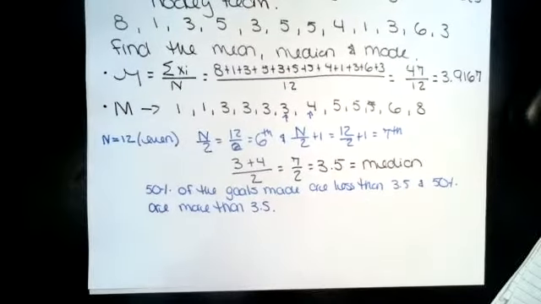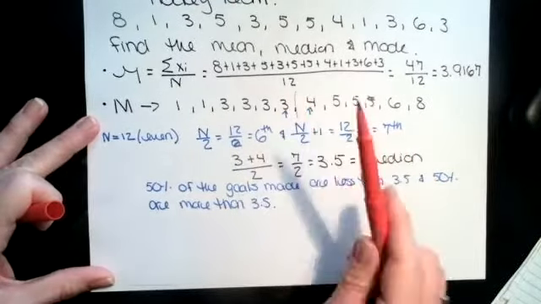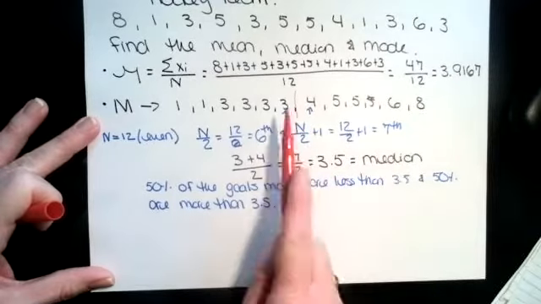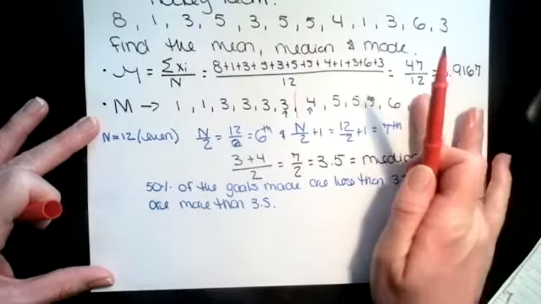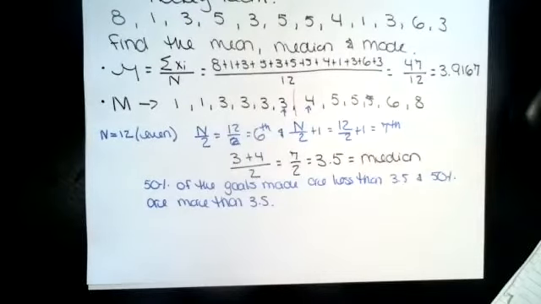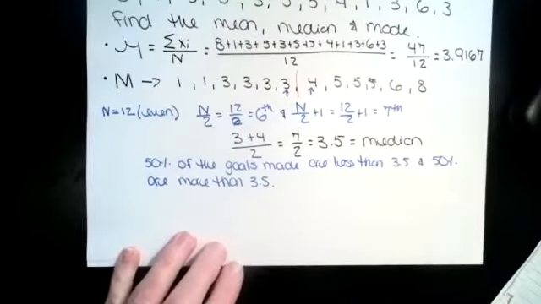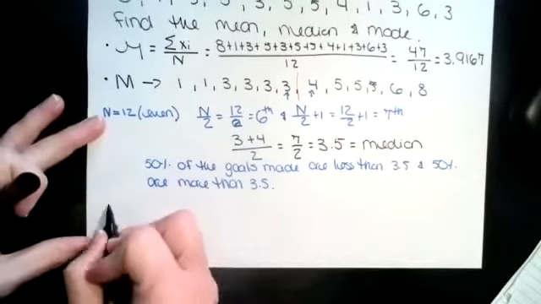Okay, does that make sense? It's the number right in the middle. So for us, in this example, we're looking right here. It cuts our data in half. We have half above and half below, and that's the median. If we had an odd number, it would be the number right in the middle, and then you don't have to take the average. So this one, I like to do an even number so we can see exactly what we need to do here.